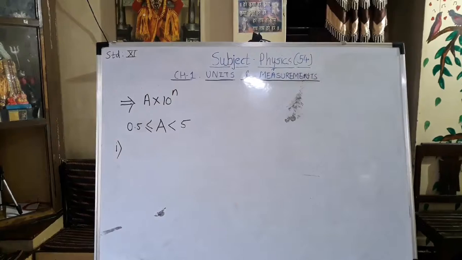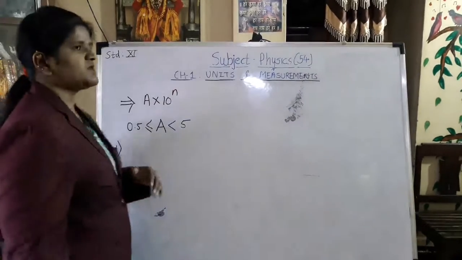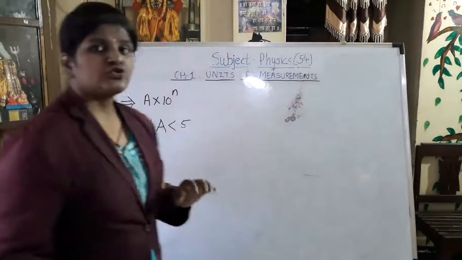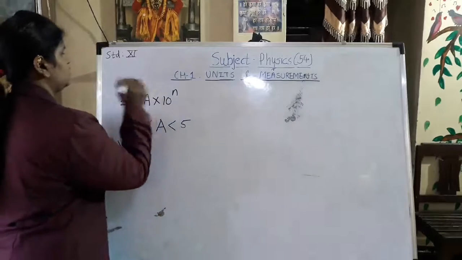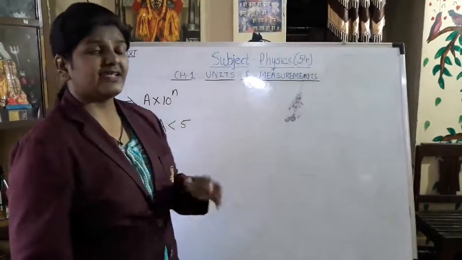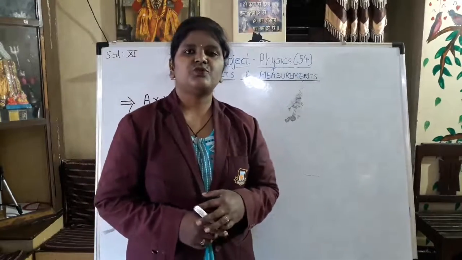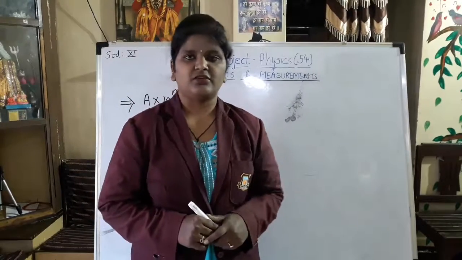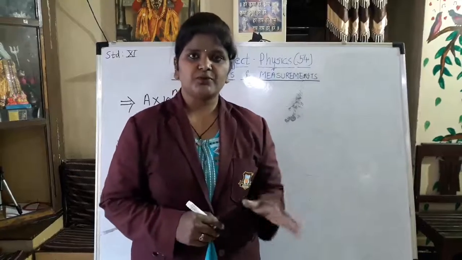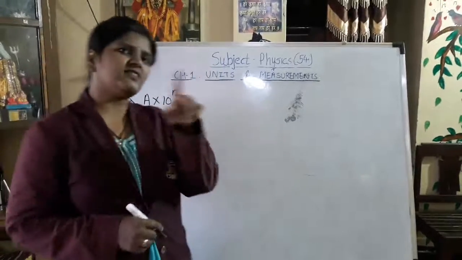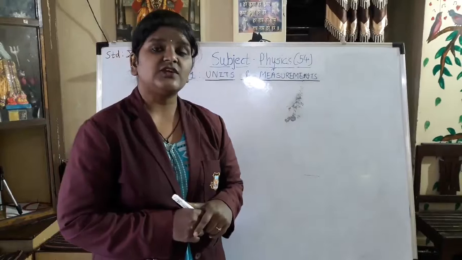Okay, so on the board you can see that, as I told you, there should be some format to write any number, right? So that format is nothing but a into 10 to the power n, where n is an integer and it is known as the order of magnitude. So any number should be written in this format, and only then you can find out the significant figures.